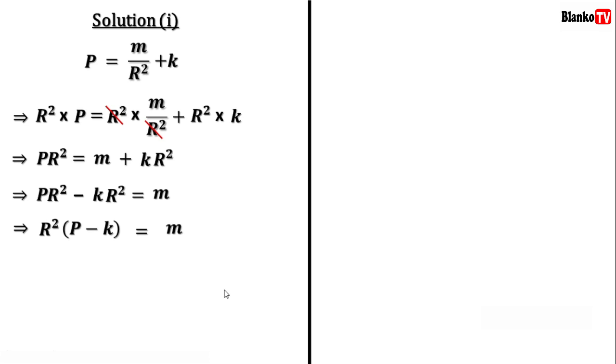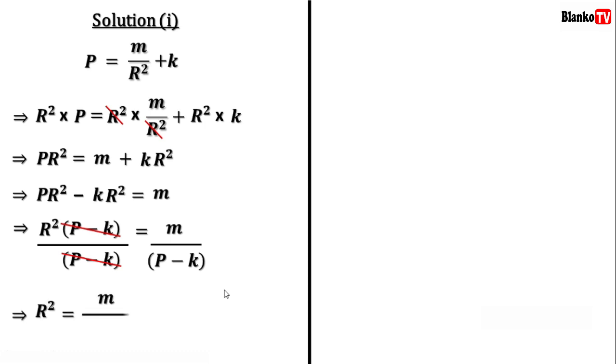I hope you are following it. So we divide the left hand side by P minus k, then we divide the right hand side by P minus k. So P minus k cancels out on the left hand side. So we have r squared equals m over P minus k.